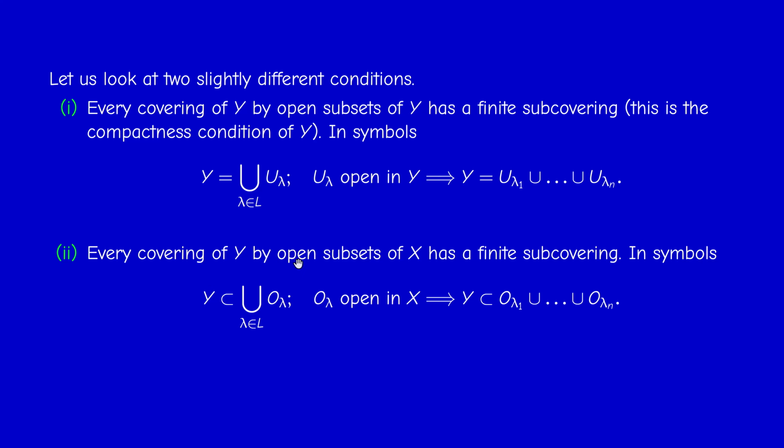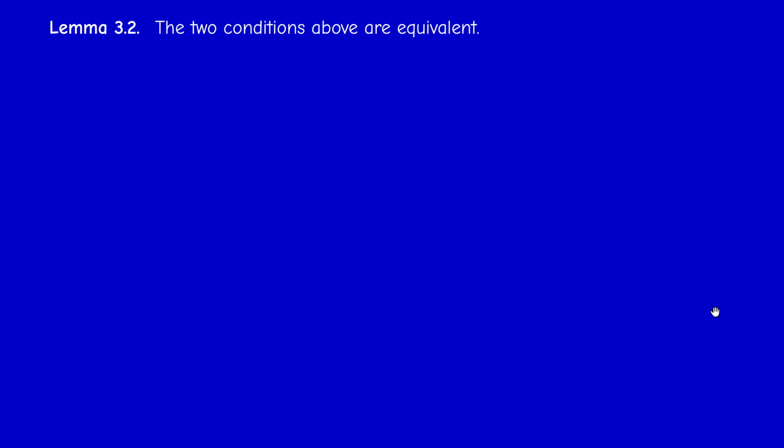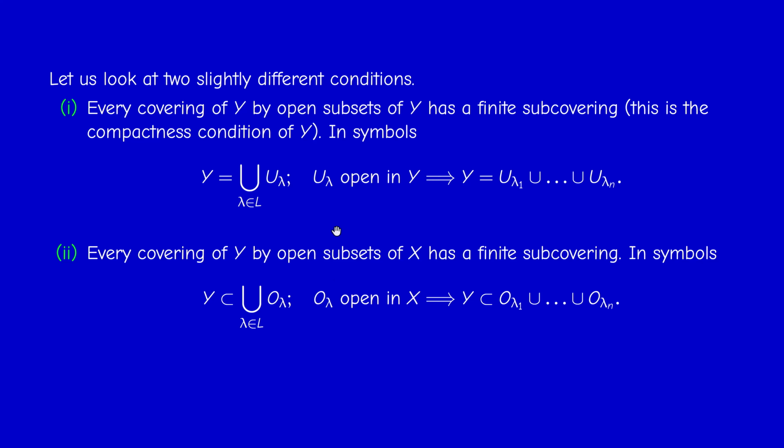Every covering of Y by open subsets of X has a finite subcovering, which means that if Y is contained in the union of O lambda and each O lambda is open in X, then Y is contained in O lambda 1 union O lambda 2 union and so on. Now, these two conditions may seem different, but actually they are equivalent.